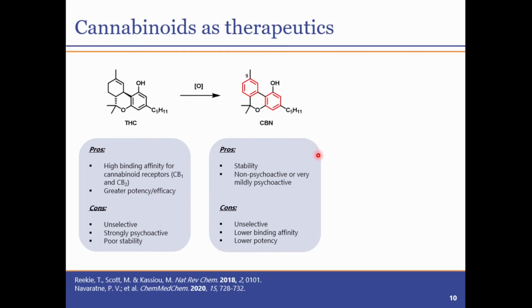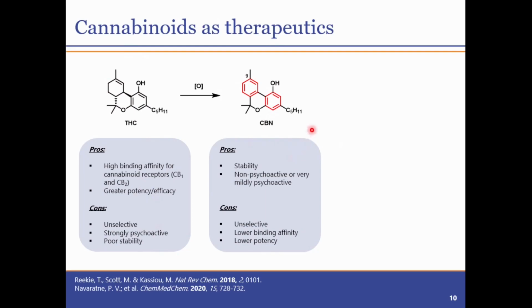There's a bit of a debate in the literature about whether or not it's psychoactive, but the general consensus is that if it is, it's so weakly so that it's really irrelevant from a drug development perspective. But unfortunately, it is also fairly unselective, so it binds to multiple targets. It has a much lower binding affinity than THC and much lower potency.